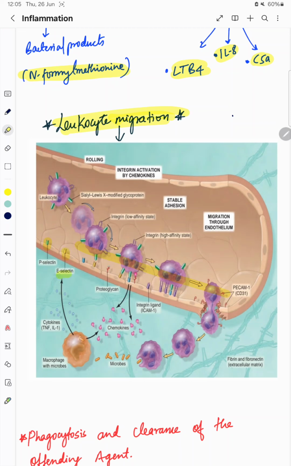They help in the rolling process. After rolling, the leukocyte adheres to the endothelium with the help of integrins. This is the adhesion. After the adhesion, the leukocyte transmigrates across the endothelium, and this process is known as diapedesis.